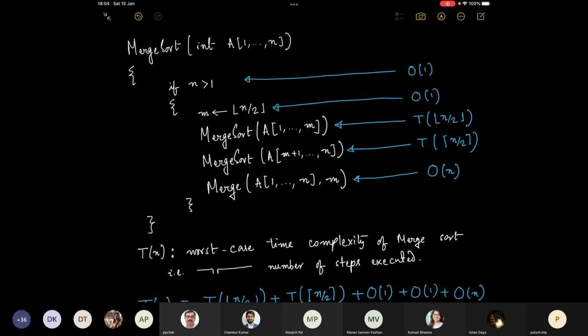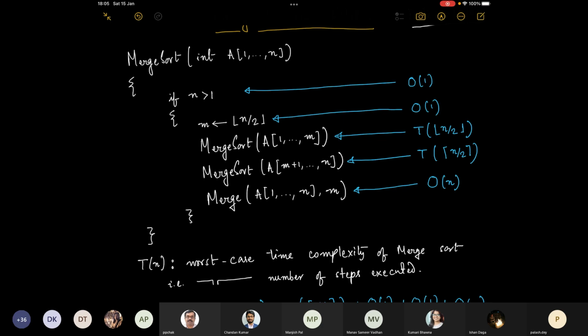Again, in the beginning, it is better to explicitly write what we mean by time complexity. It is not the time in seconds. It is the number of basic steps that the algorithm executes. And worst case means the maximum number of steps.